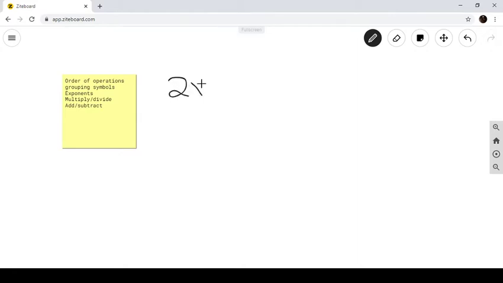2x plus 7y minus 3x minus 5y. So luckily for us, we don't have any grouping symbols, we don't have any exponents, we don't even have any multiply and divide.